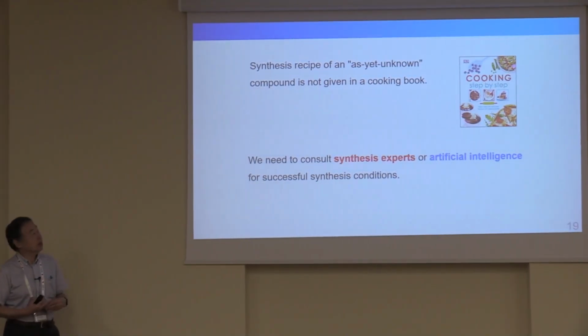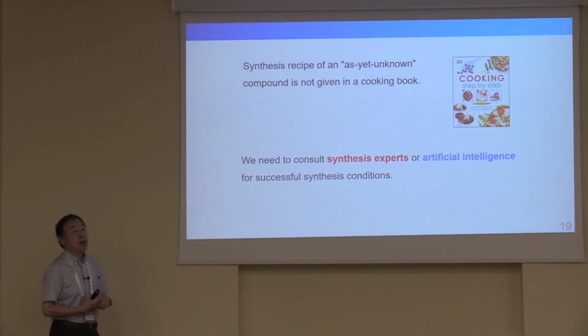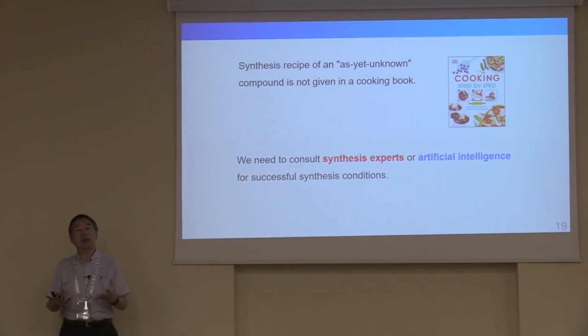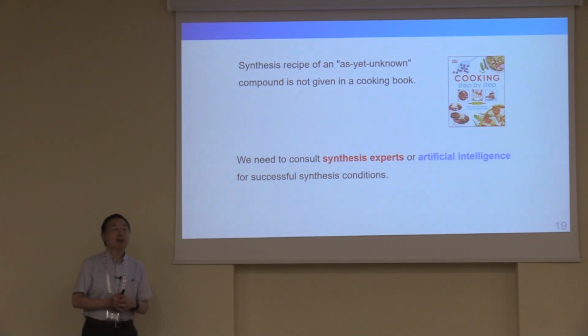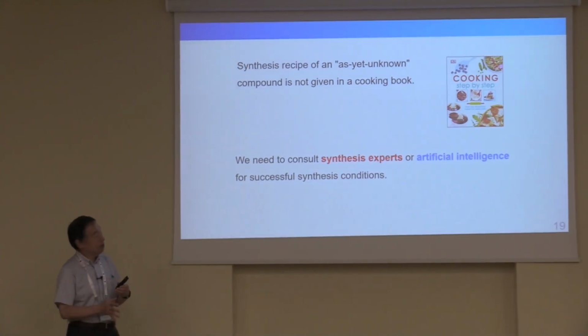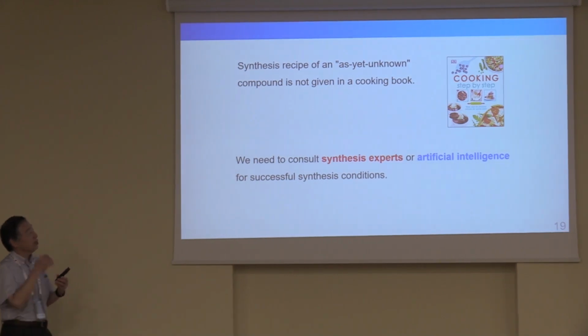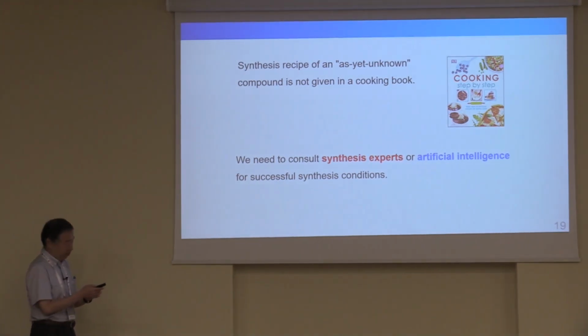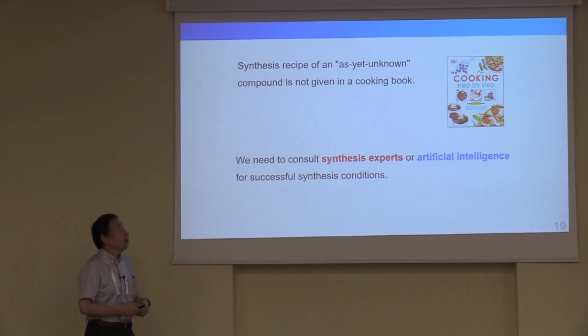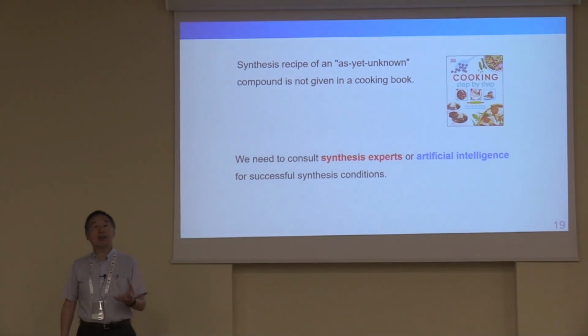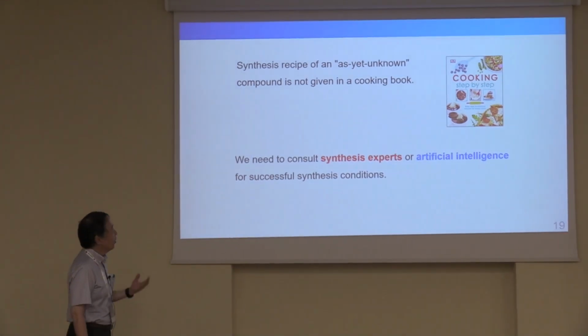But even for synthesis experts, for as yet unknown material, they cannot provide a clear answer. They may say, well, probably it means high pressure to synthesize that, high oxygen pressure, and so on. And the synthesis experts do not always have time to consult us.